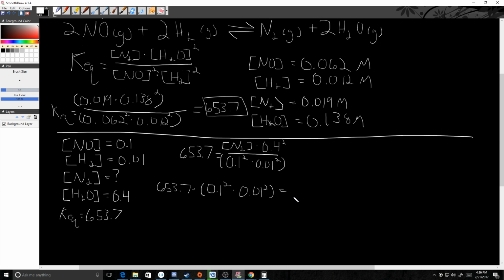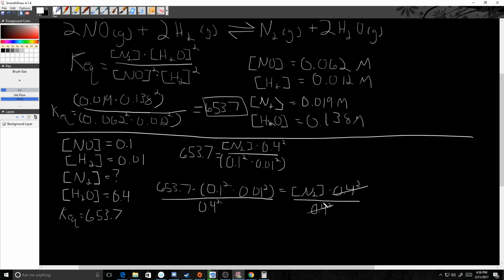And that's going to equal the concentration of N2 times 0.4 squared. All right, N2 still not by itself. The next thing we'd have to do is just divide both sides by 0.4 squared. That cancels that. And over here, divided by just 0.4 squared.